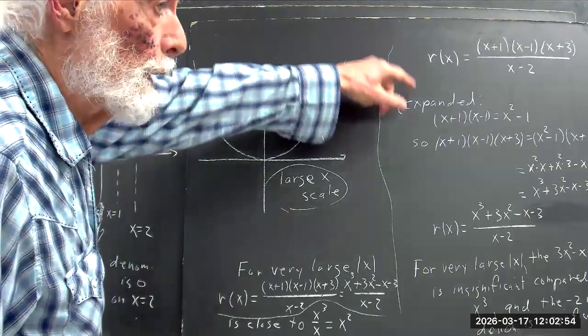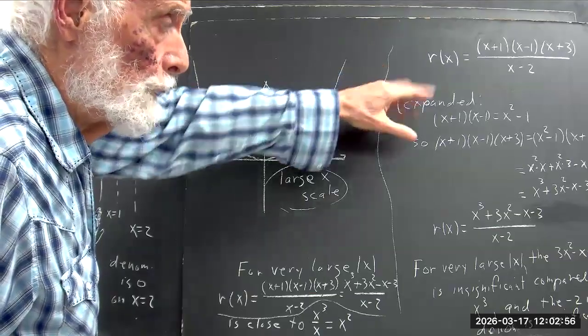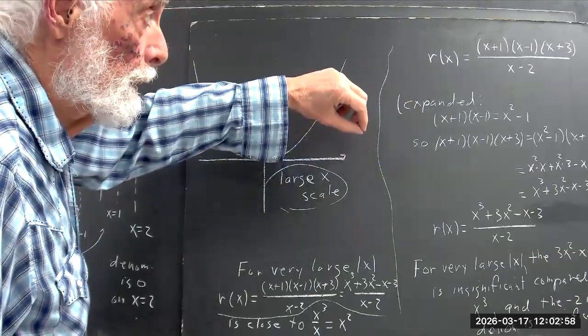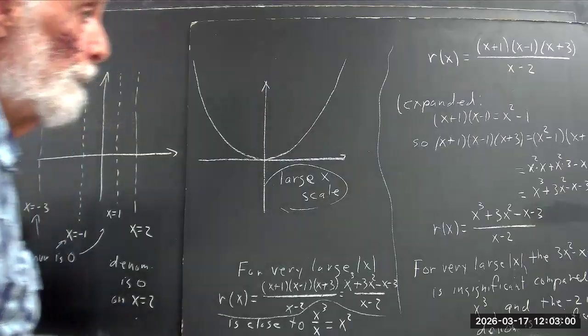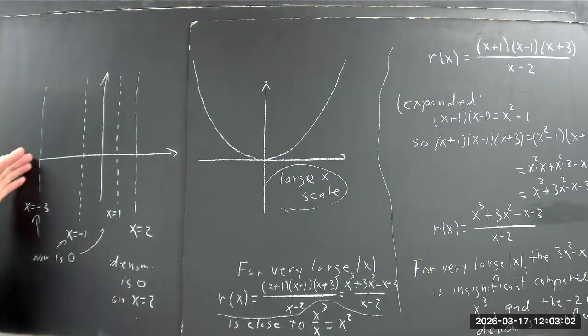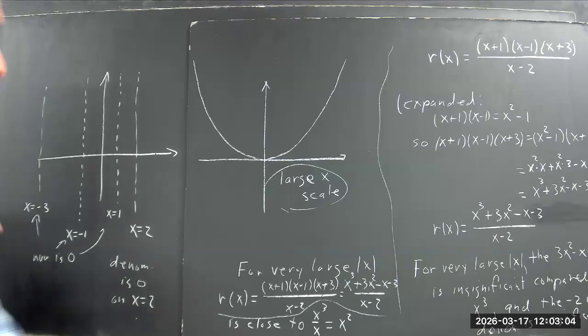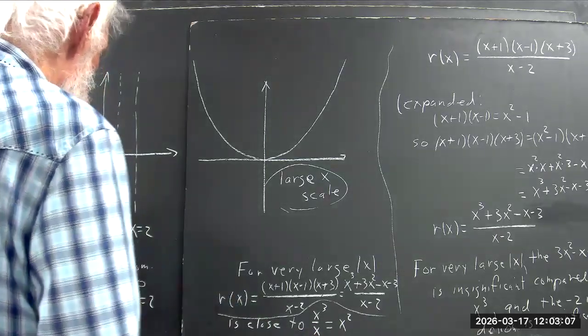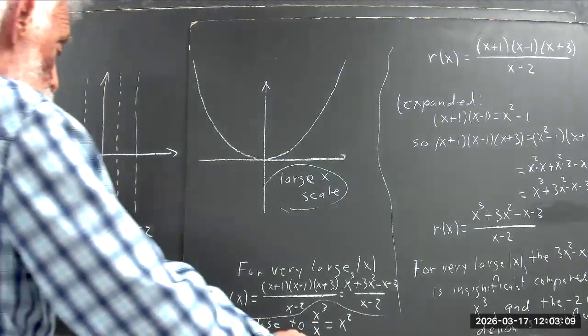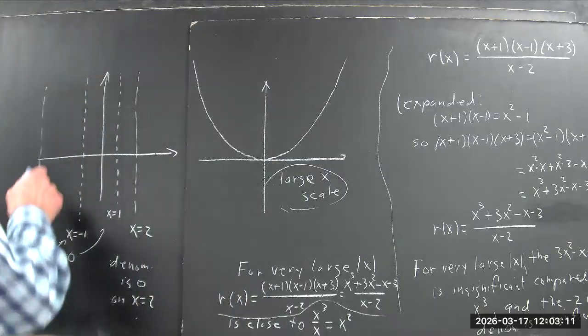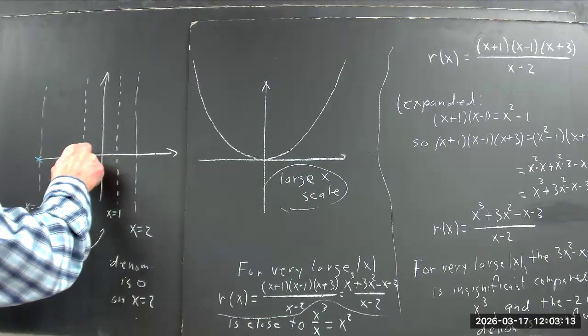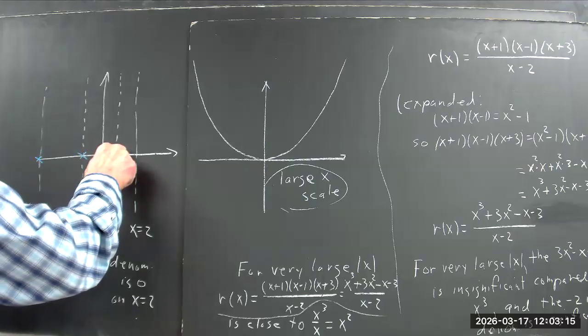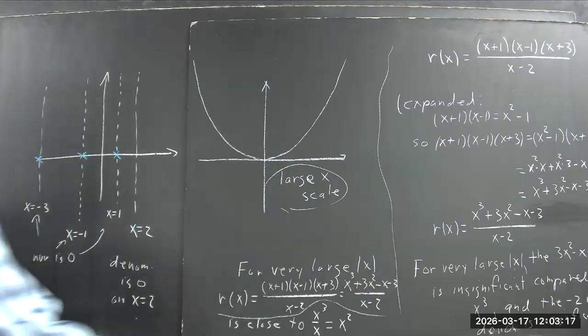If the numerator is 0 and the denominator isn't, which is the case at these 3 points, then we know that r of x is 0. So now I have 3 points where r of x equals 0. r of x is 0 here, here, and here.